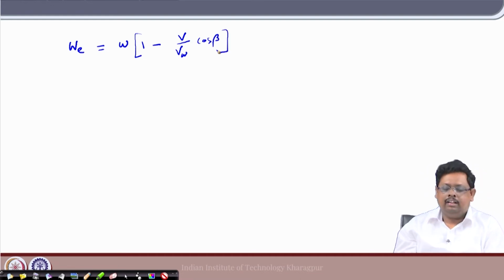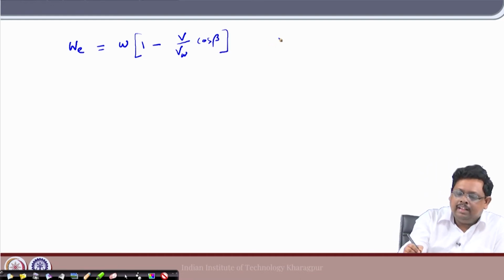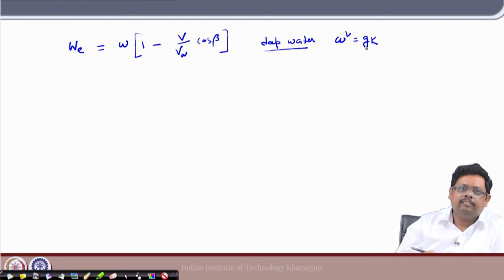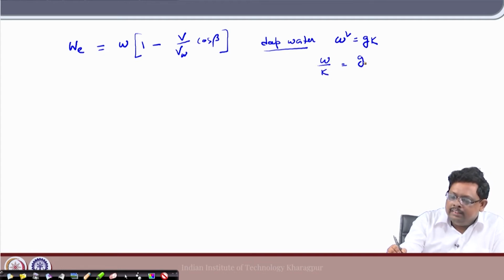Now, if you take the deep water case, the dispersion relation becomes omega squared equal to g into k, and then we know that omega by k equals g by omega. This omega by k is nothing but my v omega over here. So, v omega equals g by omega.